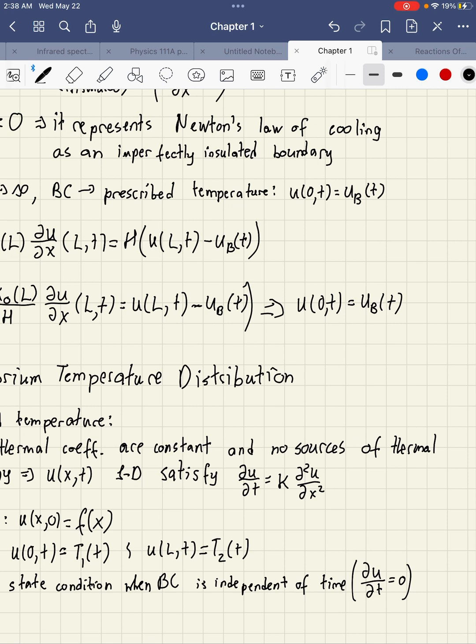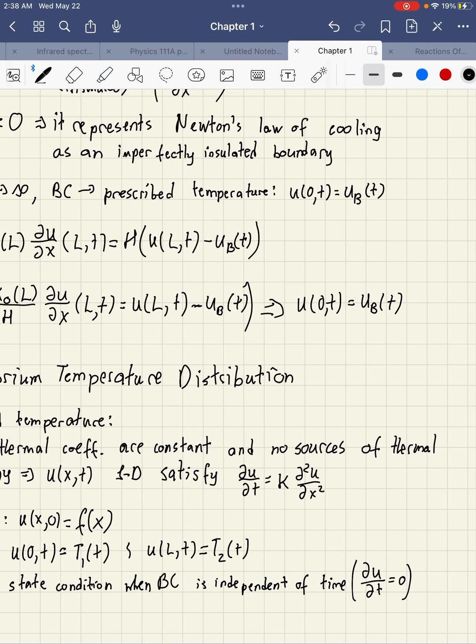If time approaches infinity, it becomes the steady state. So my temperature is not changing at all at that far away time. It does make sense, right? Because when you put in a constant temperature difference, heat flows until you reach equilibrium.